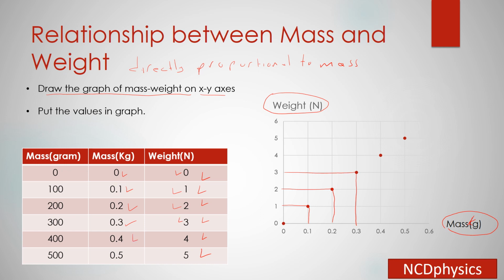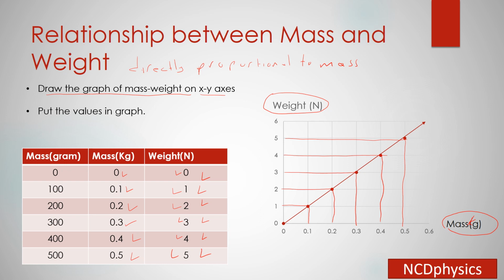This is 0.4 mass and 4 Newton. 0.5 kilogram mass, and what is the weight? The weight of the object is 5 Newton. So let's draw the lines from 0 to the last point. So we got a straight line.